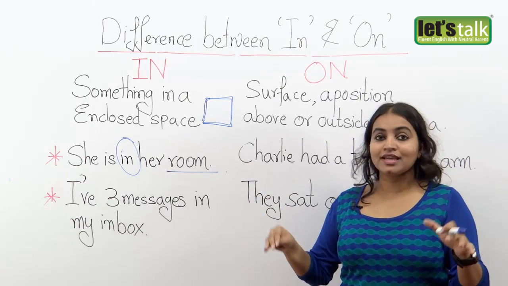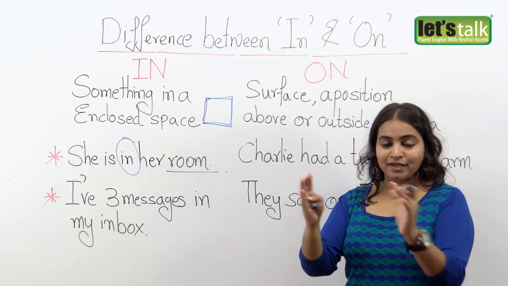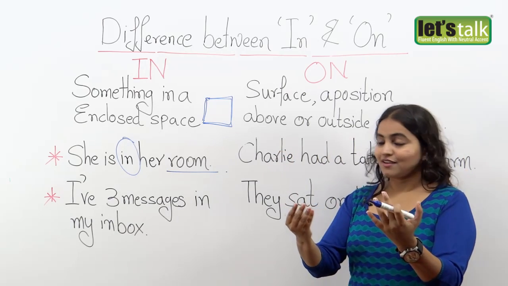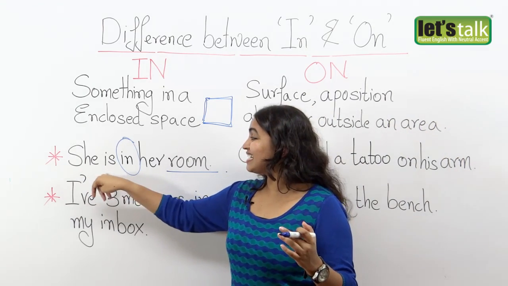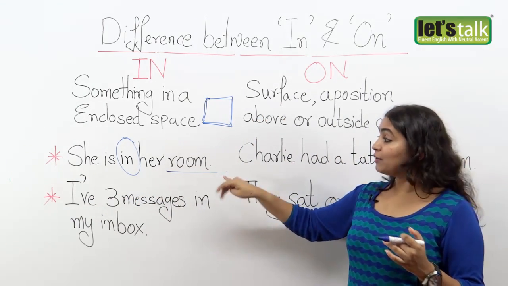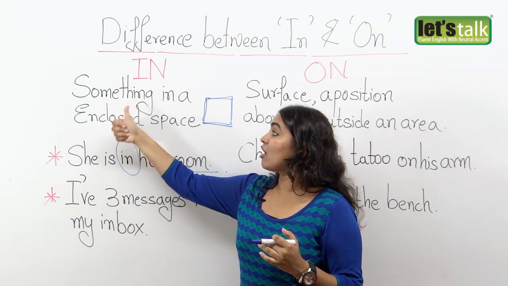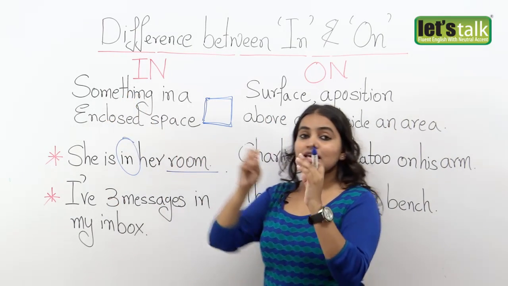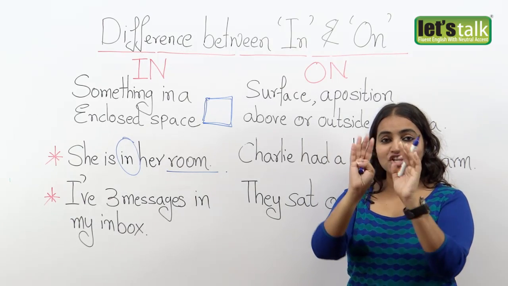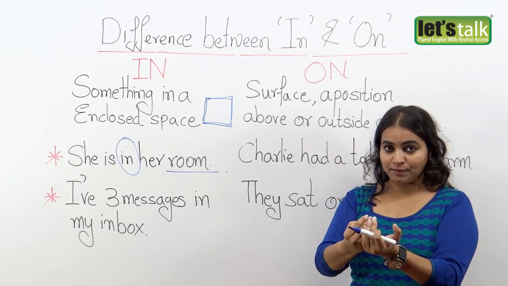You can't do anything out of your room because it has 4 walls. So when I say she is in her room, I'm using the word in because I'm denoting something in a space which has a physical boundary.